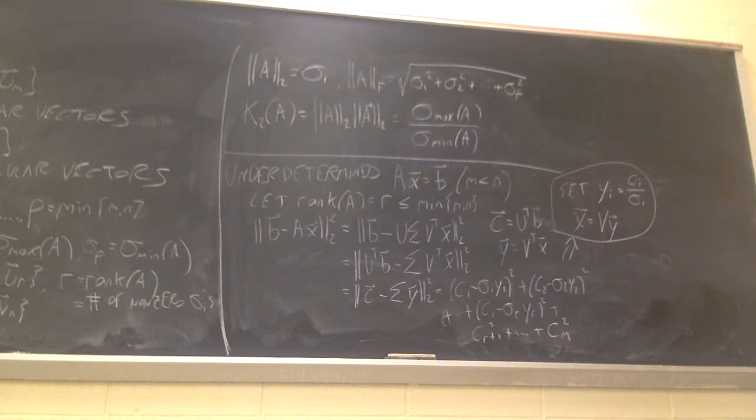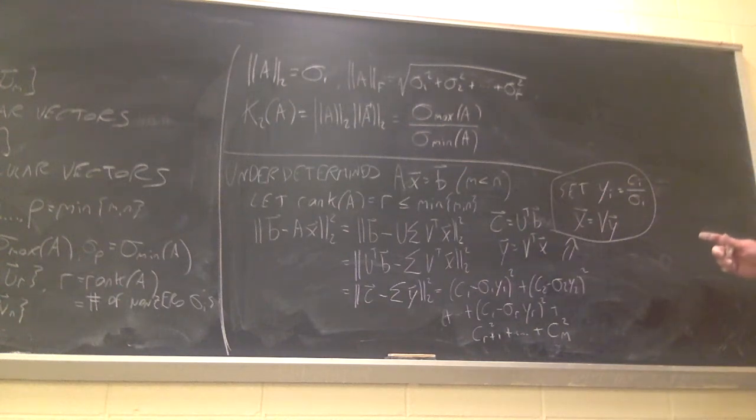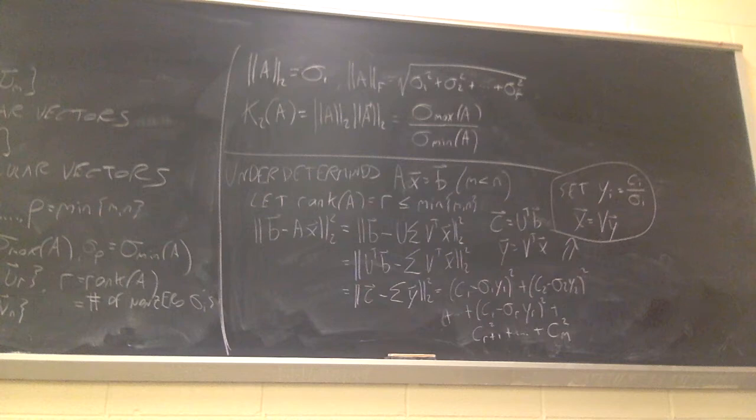For example, the problem I've been covering in this chapter, the full rank least squares problem, in that case, r is equal to n, and y is an n vector. So what ends up happening is this formula sets all the components of y. I don't have any components left over, which makes sense because we've already established that for a full rank least squares problem, there's a unique solution. There's no flexibility whatsoever.